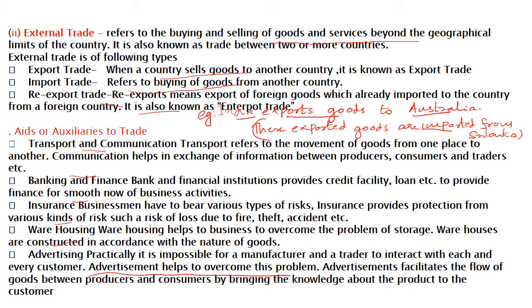Next is re-export trade or entrepot trade. That means, India is the exporter. For example, India exports goods to Australia.